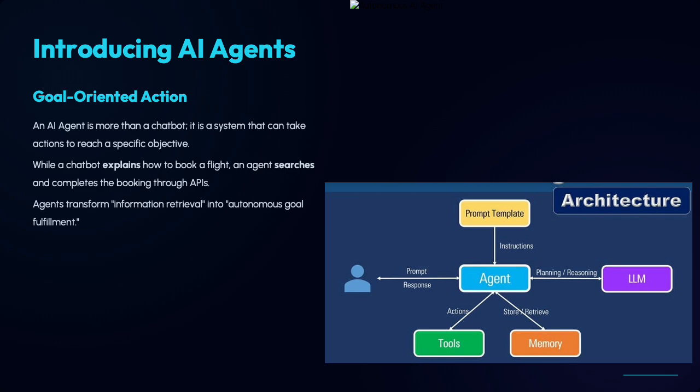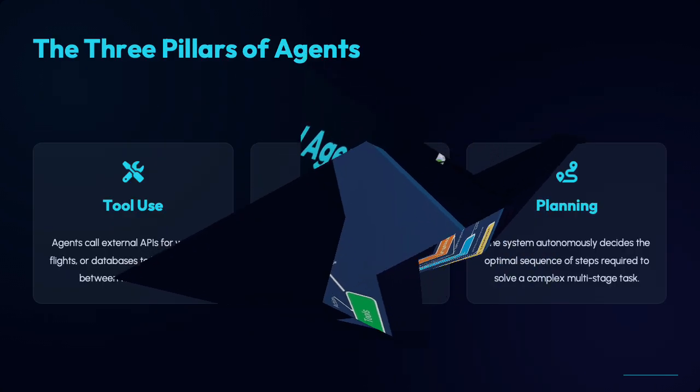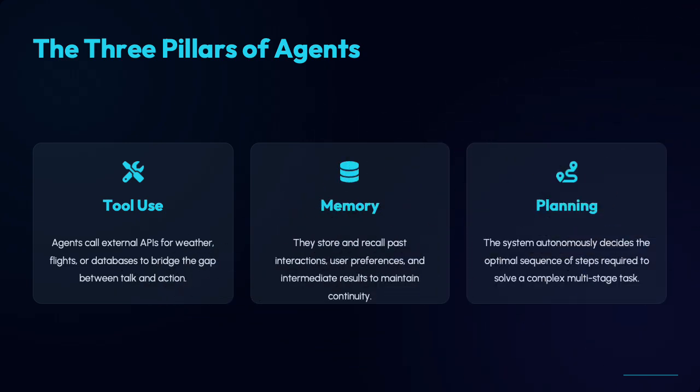Again, I just wanted to stress that the three pillars of AI agents are, first, tool usage. Agents can call external APIs, for example for booking flights, and databases. Second, memory. It stores all your past conversations and maintains the context of what action needs to be done next. Third, planning. For example, you say, I want to book a flight trip for me to New York.